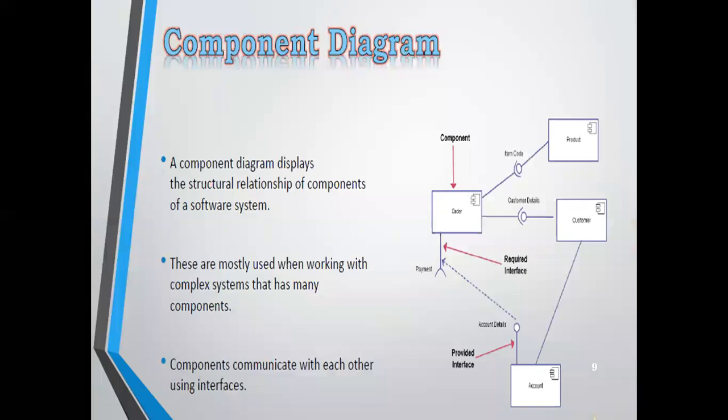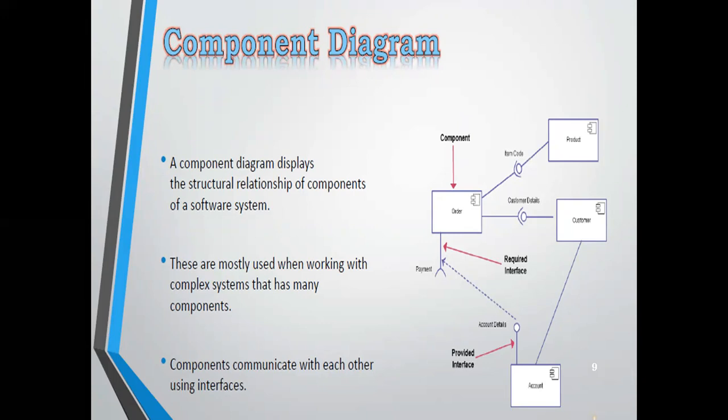The next diagram is the component diagram. The component diagram displays the structural relationship of components of a software system. You can see in the diagram there are several components which include some packages, components like order, product, customer, and account. These diagrams are mostly used when working with complex systems that have many components like this.